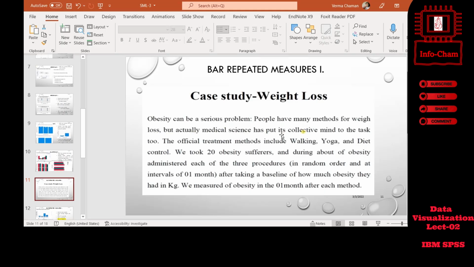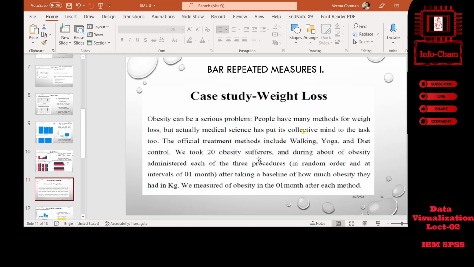So what do we have to do? We have to do a lot of tasks. We have to walk, we have to do yoga, we have to control our diet. Three practices we can do for weight loss. Please try to think. In this case study, one university or someone used some 20 obesity sufferers, and they implemented three techniques: walking, yoga, and diet control.